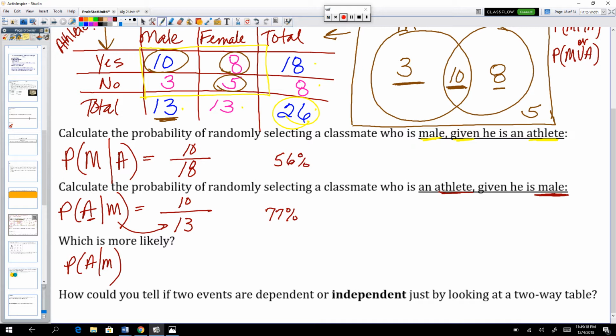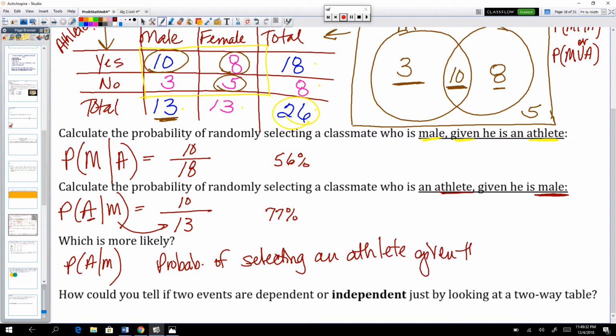The probability of selecting an athlete given they are male is more probable in our particular scenario.